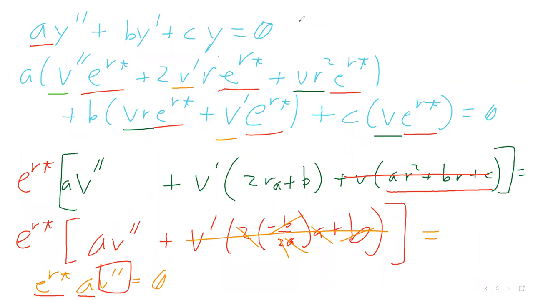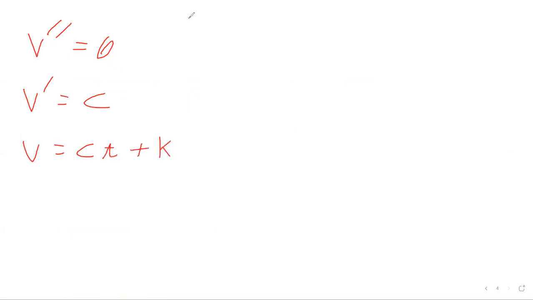So let's look at what happens. If we take an integral, that's going to be a constant. If we take another integral, and we use t as our variable here, there's our v.